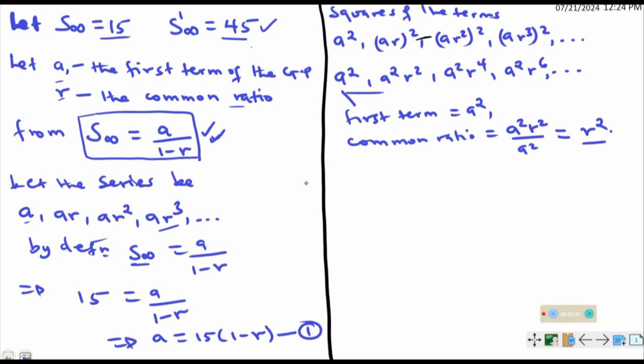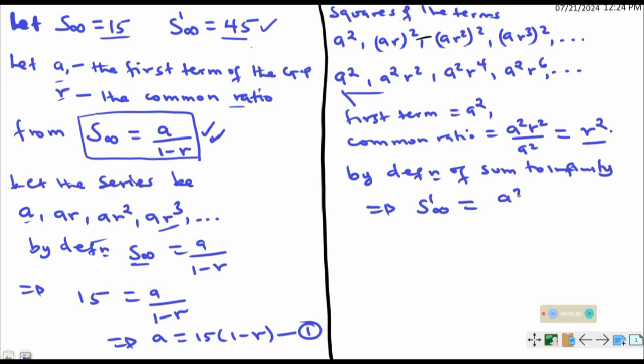So by definition of sum to infinity, what does this imply? It implies that S dash infinity will be the same as a squared, the first term, divided by 1 minus r squared.